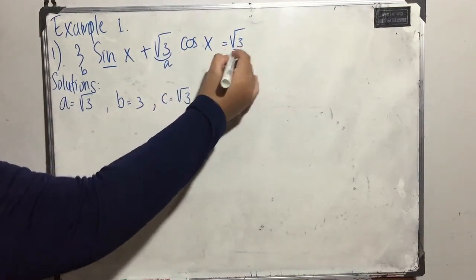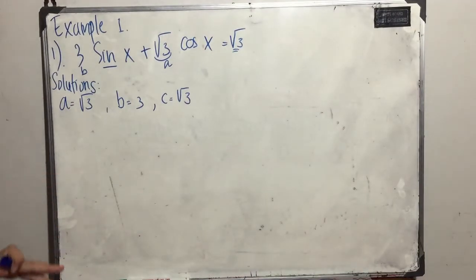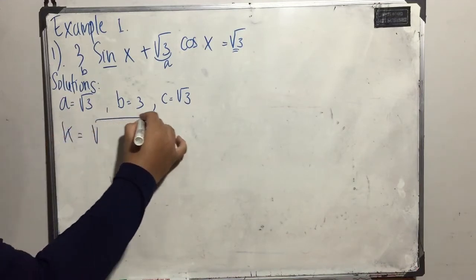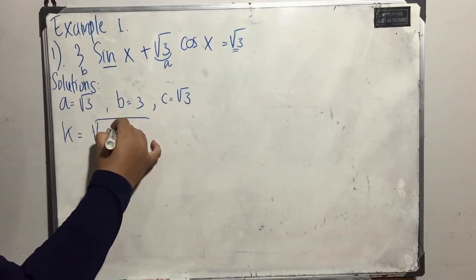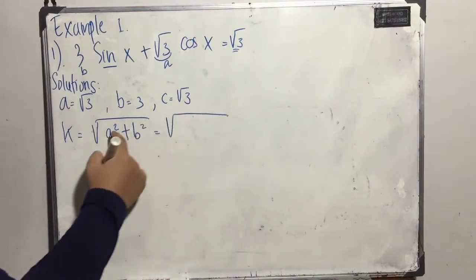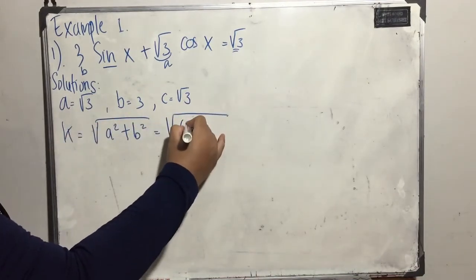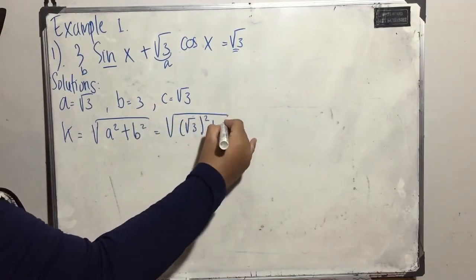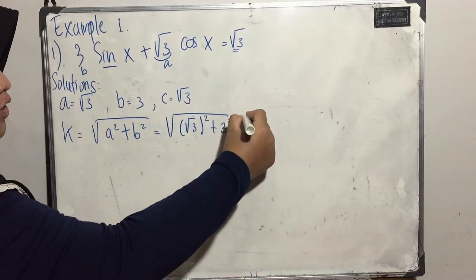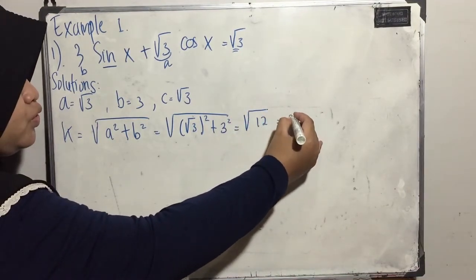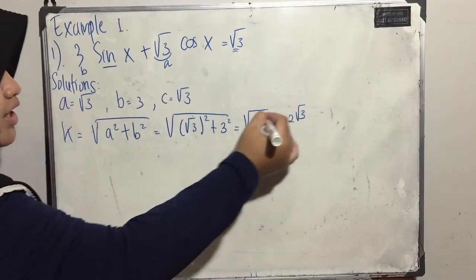Okay, now from here we need to find k, the square root of a squared plus b squared. Okay, that means the square root of the square root of 3 squared plus 3 squared, equal to the square root of 12, or 2 square root of 3.